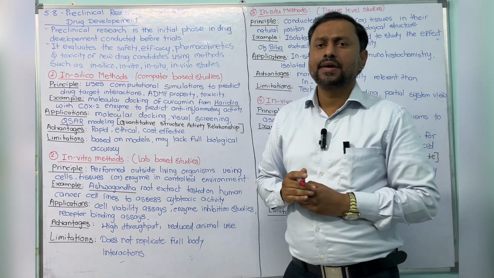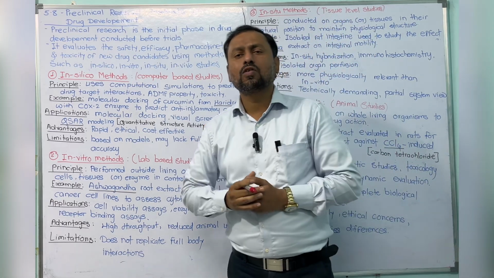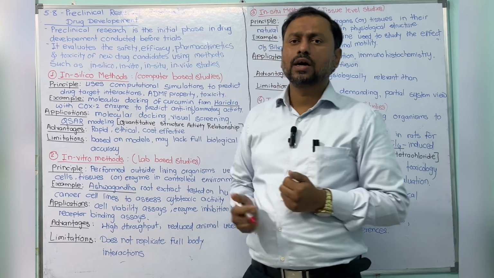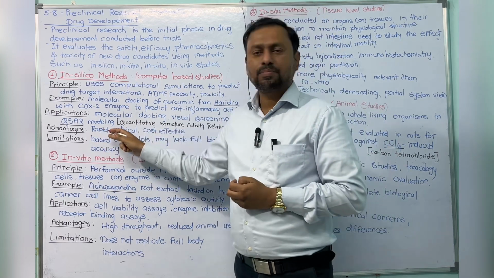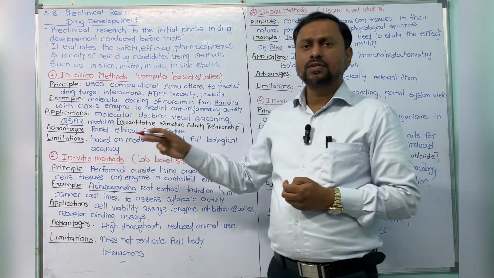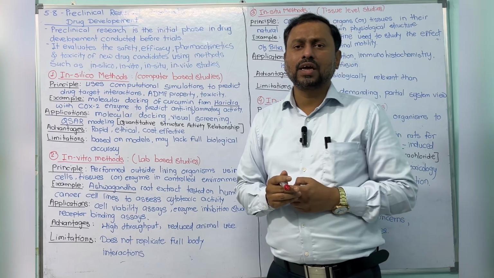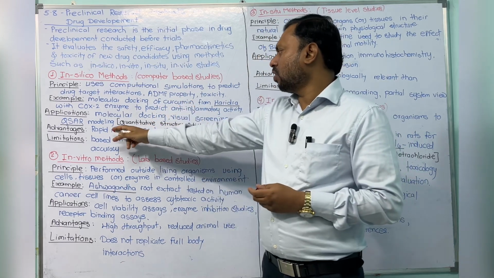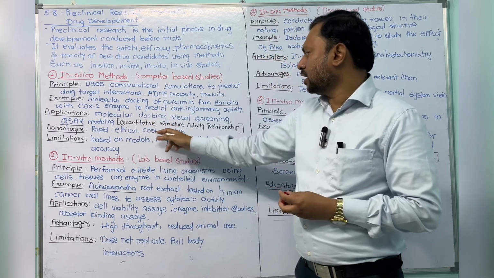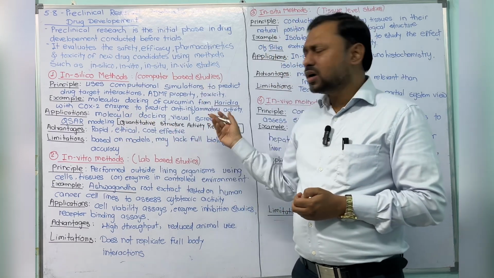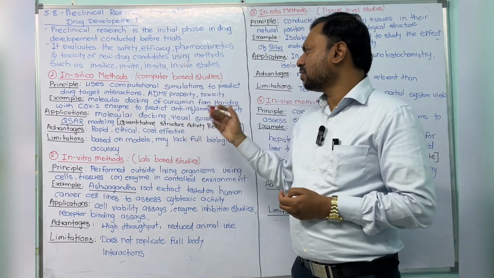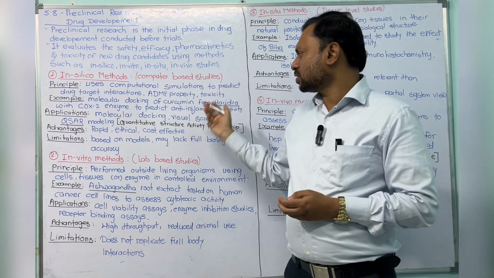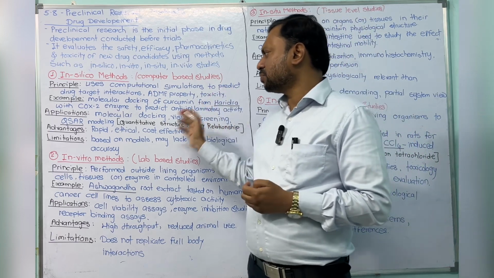Next are the advantages. Why do we use the in silico method in research? Mainly it is rapid, fast acting and ethical. There is no need for permission from anywhere, such as an animal ethical committee or human ethical committee. It is also cost effective, as it does not require much money to spend. It is very cheap.